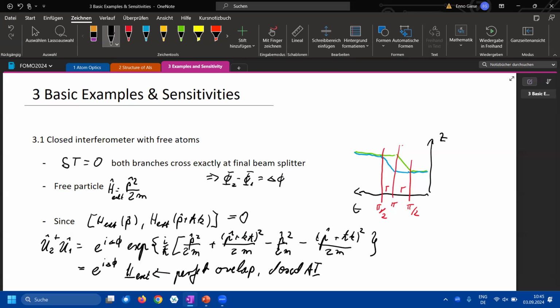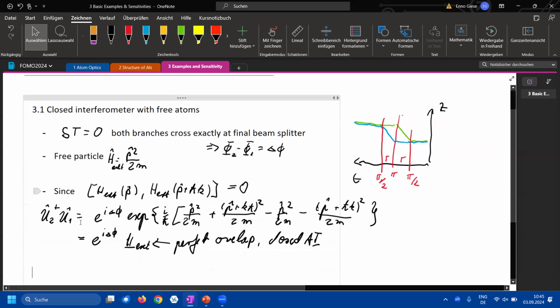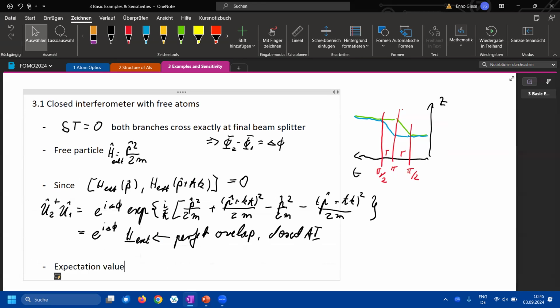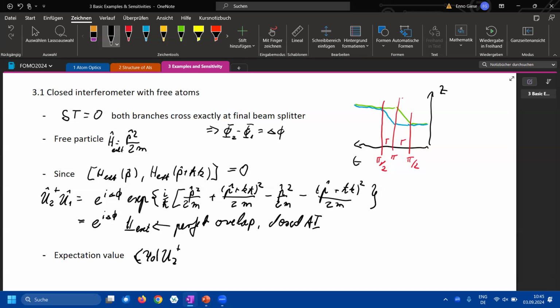And a closed AI. So it is also very easy now for this type of operator, for any input wave function, center of mass input function, to calculate the expectation value. That is, I just calculate psi naught, and this was what was left that we had to do. Psi naught times U2 dagger, U1 times psi naught.